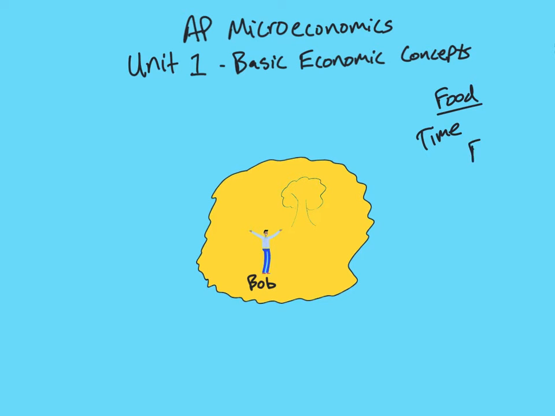So maybe he needs food and he needs shelter. This highlights a very simple, basic economic concept from the very beginning. When he dedicates more of his time to finding food, he therefore has less time for what? Well, he has less time for, let's say, building or finding a shelter.